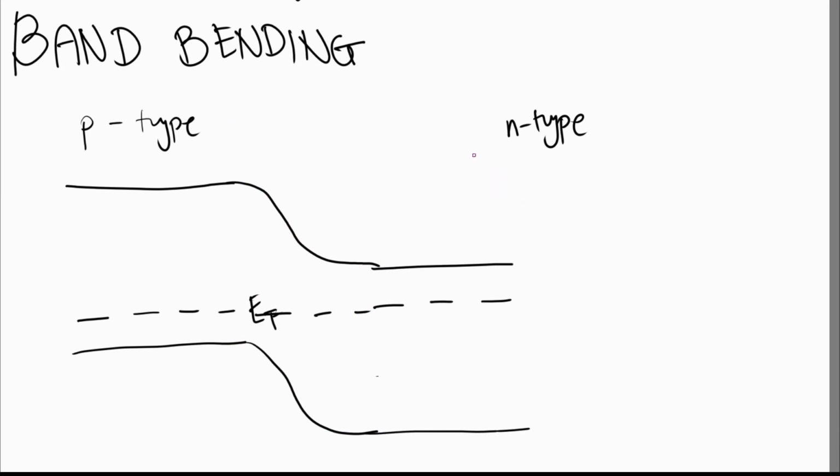And this amount of band bending here is actually equal to negative QV naught, or equal to our elementary charge times our built-in potential.